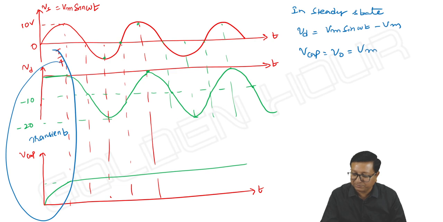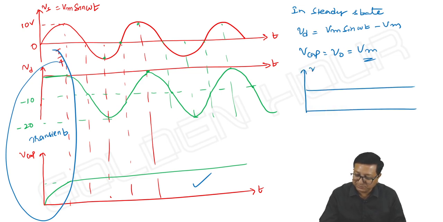It is Vm approximately. Of course, if you take a practical diode, Vm minus 0.7 volts. V capacitor is a DC signal, is it not? The capacitor voltage is looking like a constant value of Vm. What else do you want?